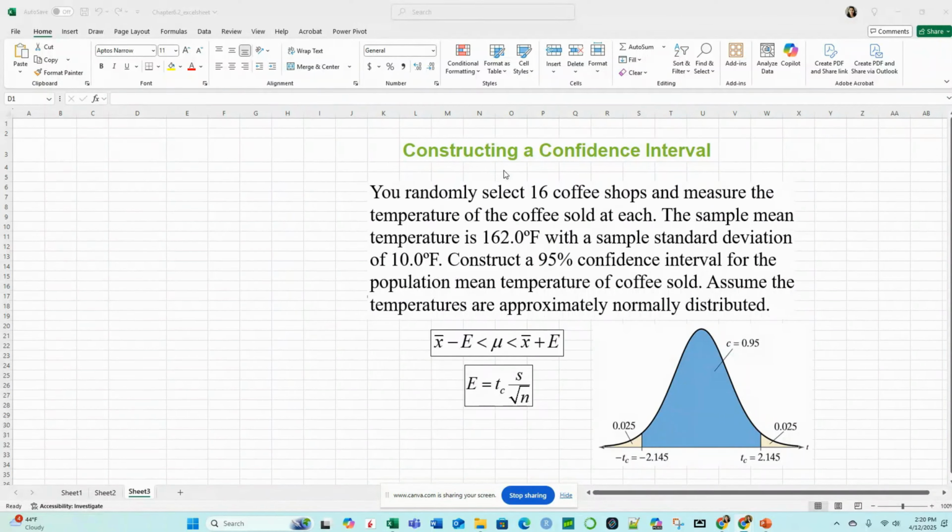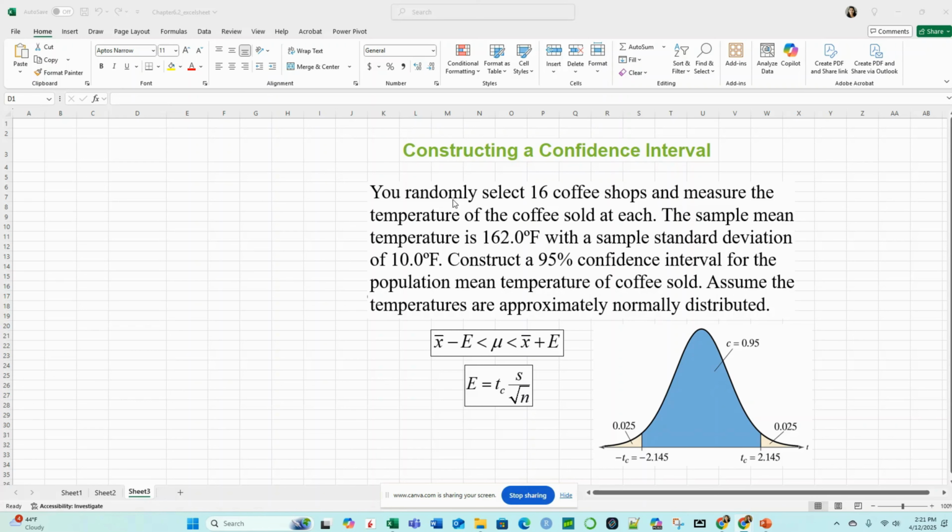Now we are going to construct a confidence interval. Before we find this, make sure sigma is unknown and check that either your data is normal or the sample size is greater than or equal to 30.